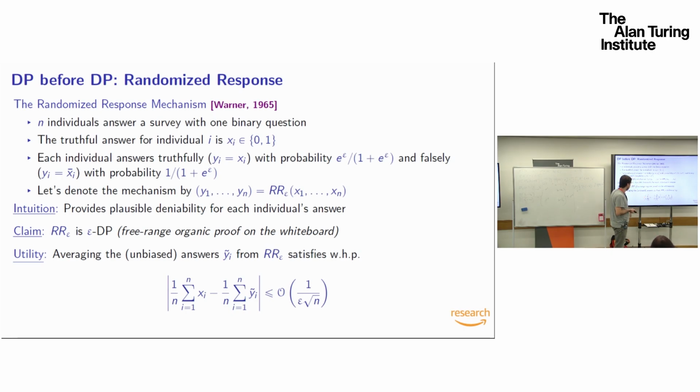And if you do this and apply a Chernoff bound, you can show that with high probability, this answer, which is an average of private things and is going to be private, and if you don't see it immediately, I'll tell you why in a minute, satisfies this bound. So this distance with high probability is bounded by something like 1 over epsilon square root n.